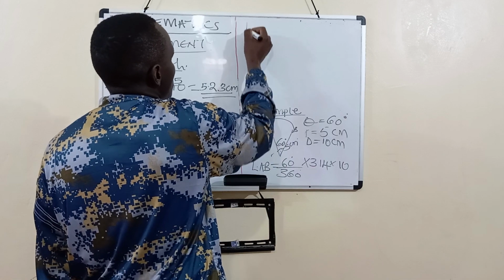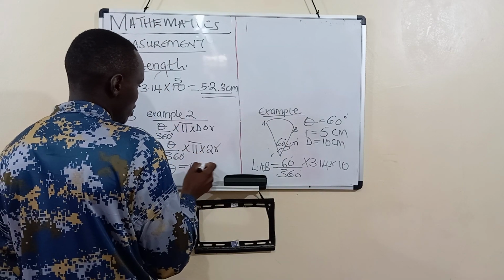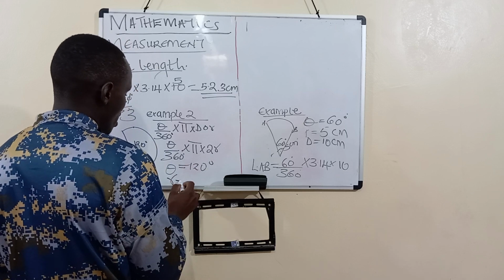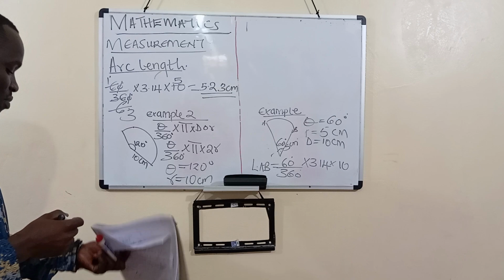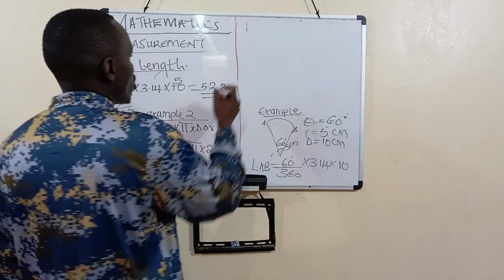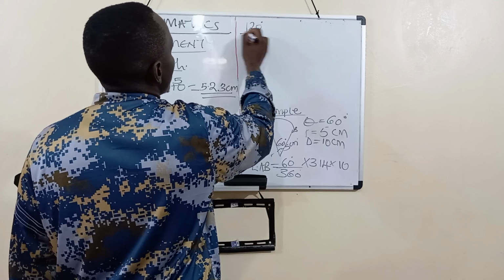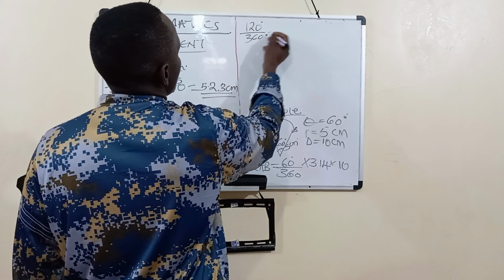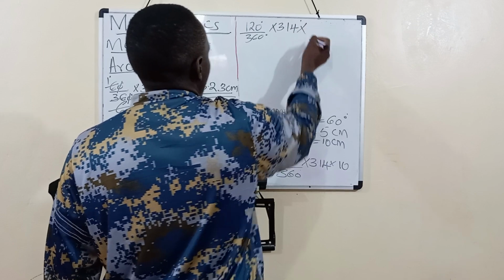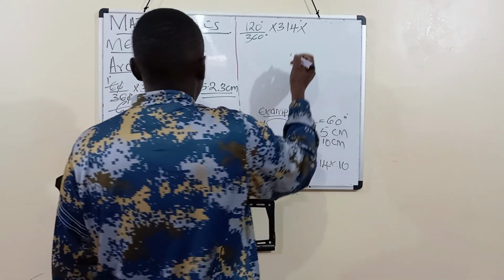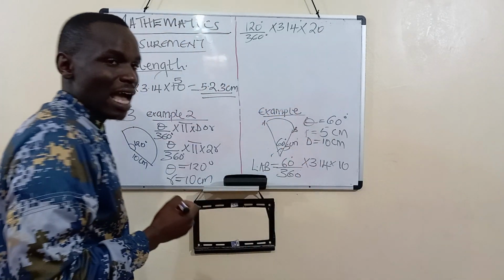Again, our theta here is 120 degrees, and our radius is 10 centimeters. Then you're going to have 120 degrees all over 360 degrees multiplied by 3.14 multiplied by the diameter, which is 20, since the radius is 10 centimeters.